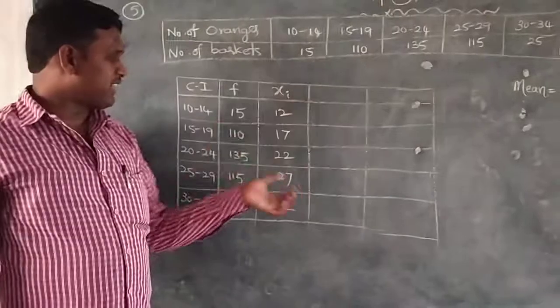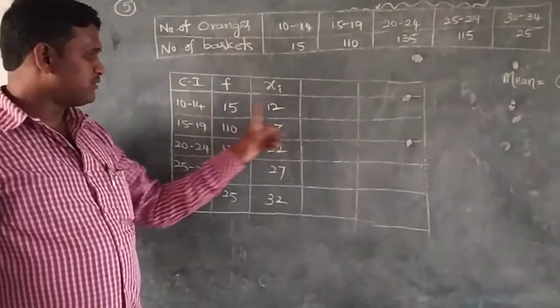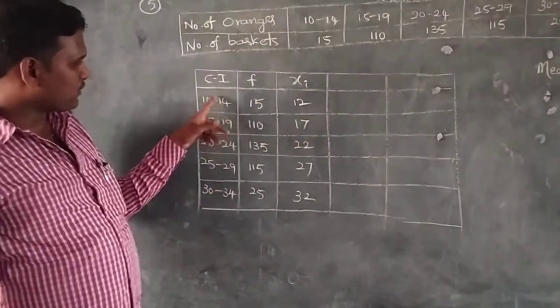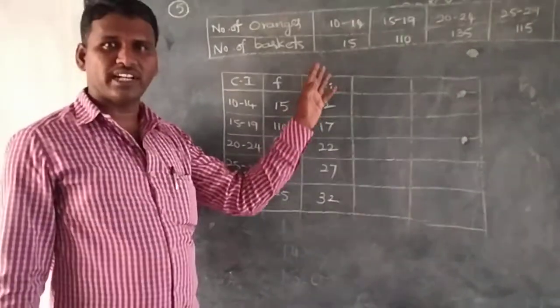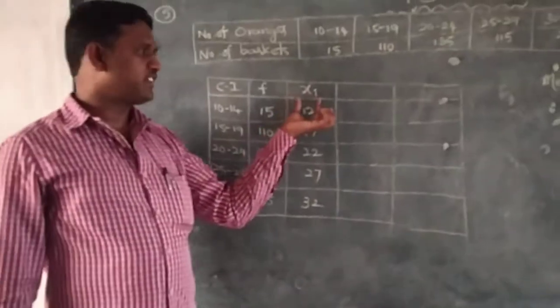To write these xi values, after writing the first xi, 12, look at the difference: 12, 17, 22, the difference is 5. By adding 5 also we will get xi. This is the method of writing xi.